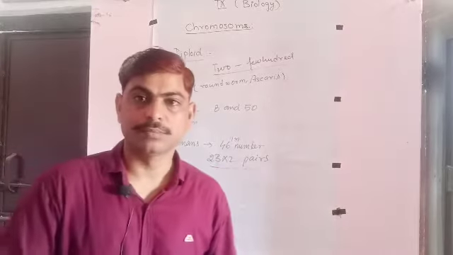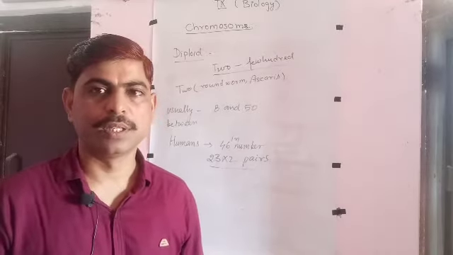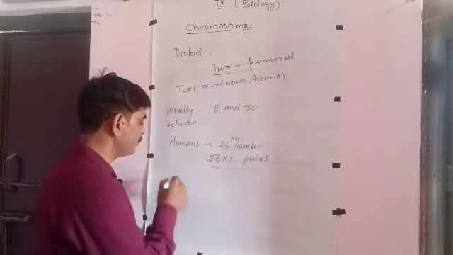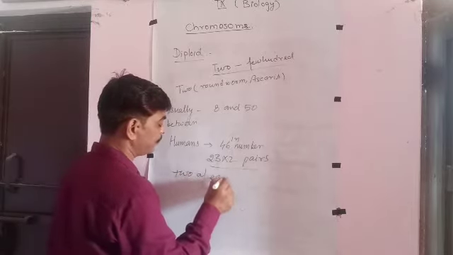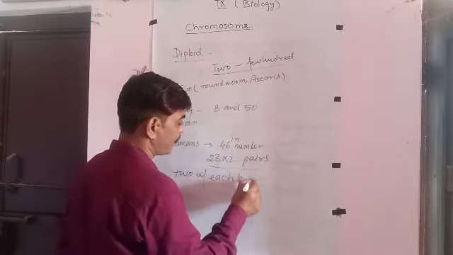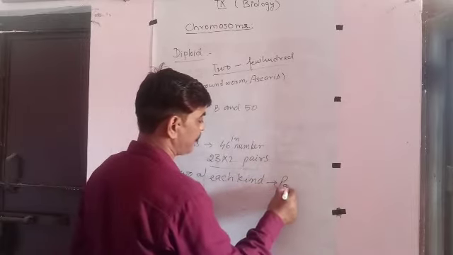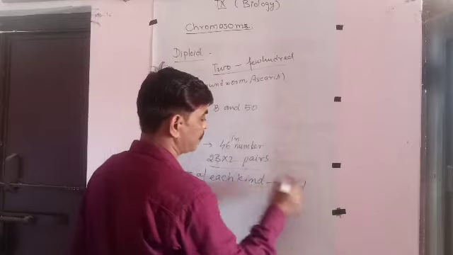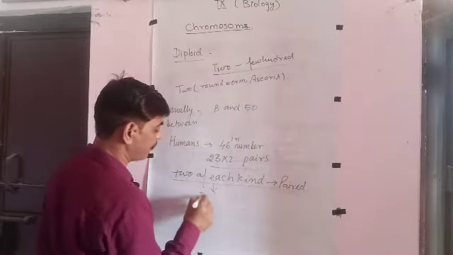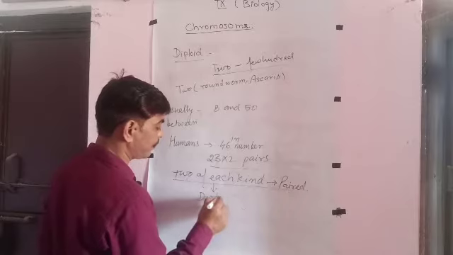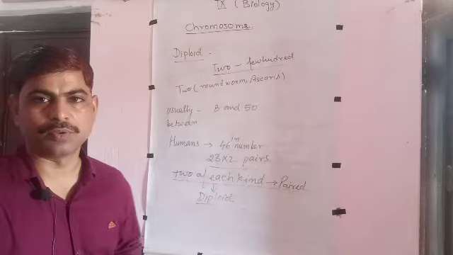Chromosomes usually lie in pairs, and paired means two of each kind. This paired number of chromosomes is called diploid.